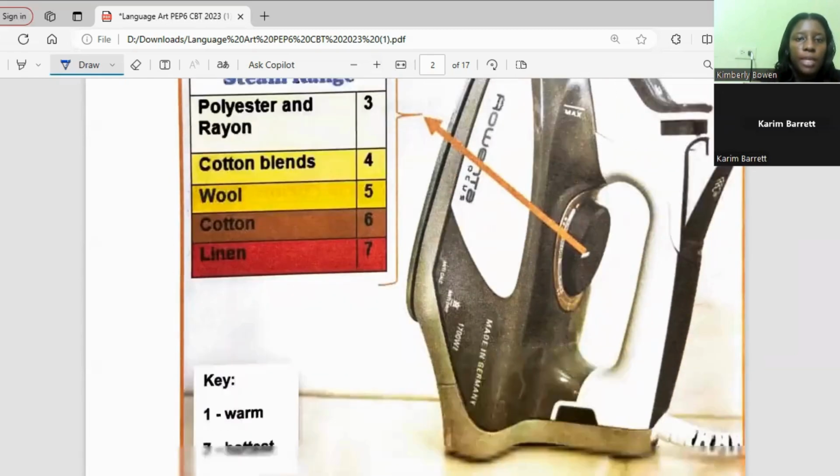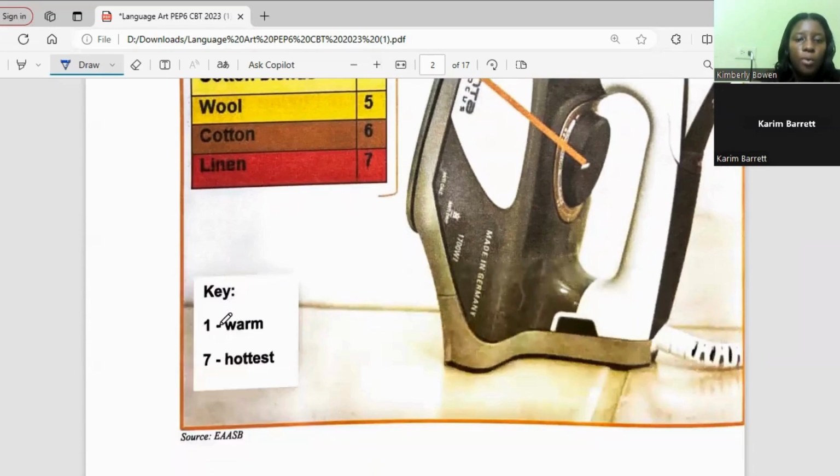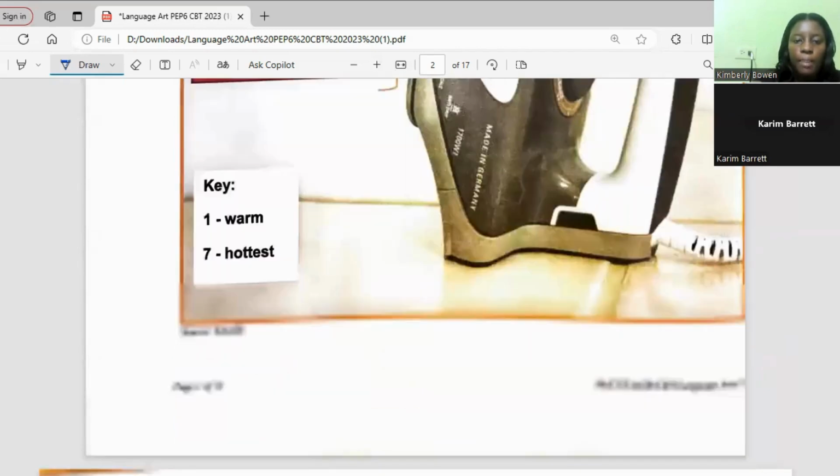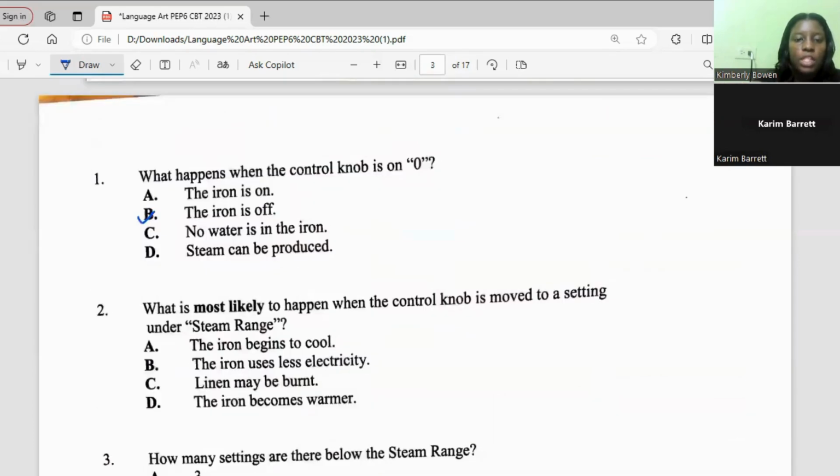And the key reads that 1 is warm and 7 is the hottest. So we realize that the temperature is increasing for each of these types of fabric. So we know that the iron doesn't begin to cool, and we don't know if it uses less electricity. Linens might be burned. That's also not correct. So the iron becomes warmer is correct.